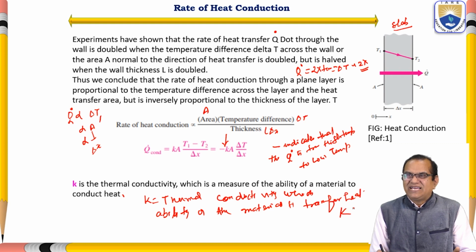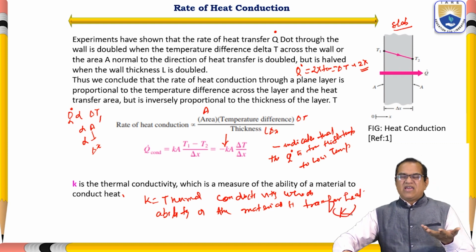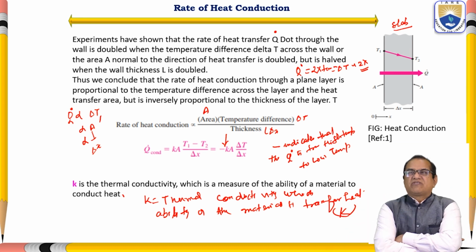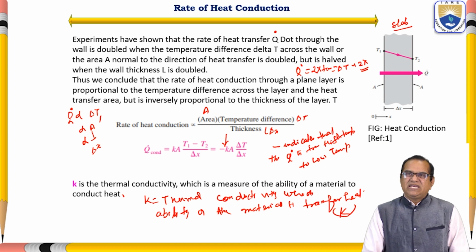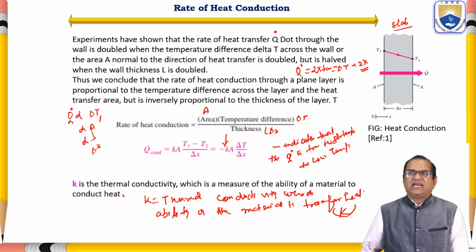This K will be used every time. So K here is the thermal conductivity, the measure of the ability of a material to conduct heat.